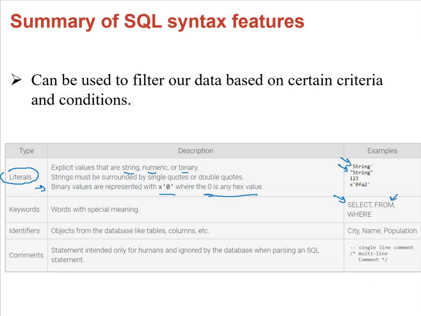So SELECT, and then FROM, WHERE, ORDER BY, and so on. Identifiers are objects from a database, like tables or columns, like city name, and the ones we saw, for example, first name, last name, phone numbers.